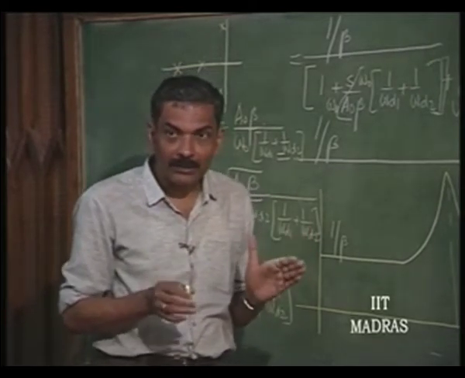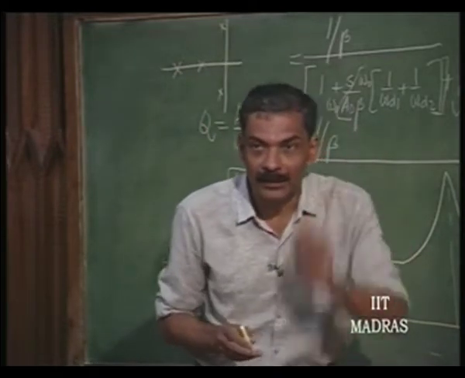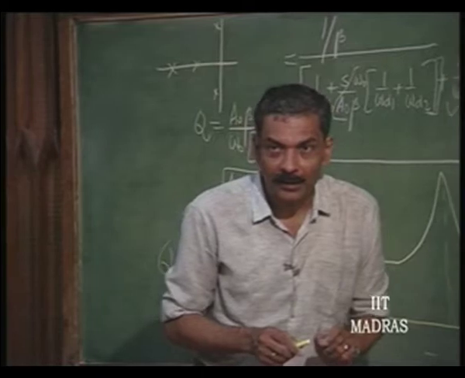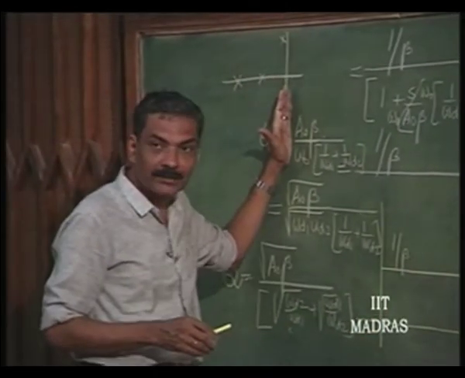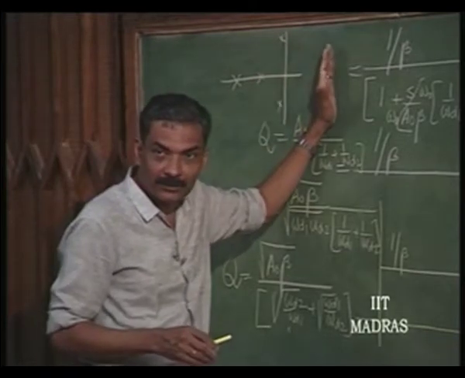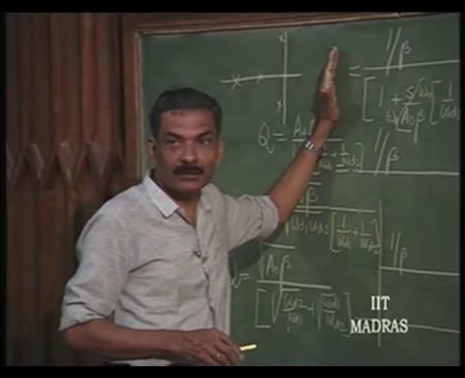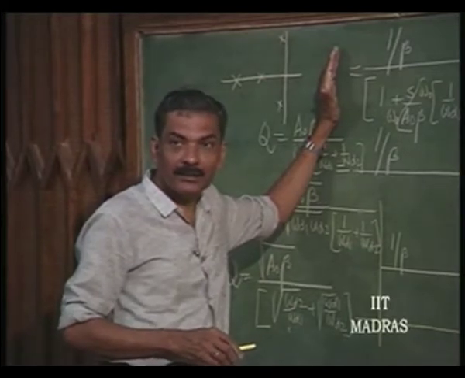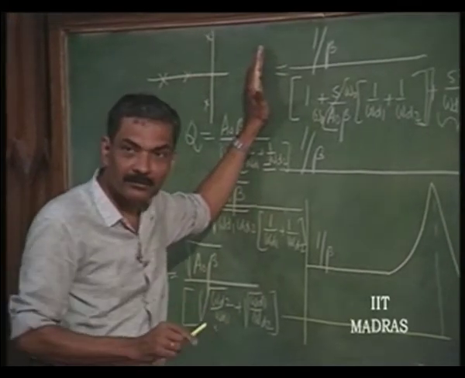More than second order, it can become unstable. The poles can lie on the imaginary axis, or they can lie on the positive half of the S plane. That means, it can become unstable. It will start oscillating at the natural frequency of the system, which is omega naught, right.